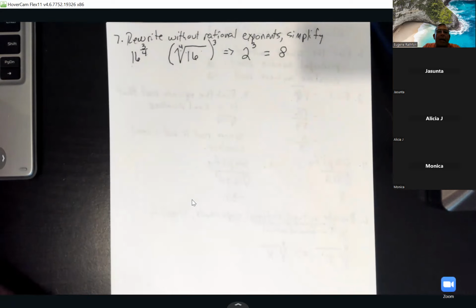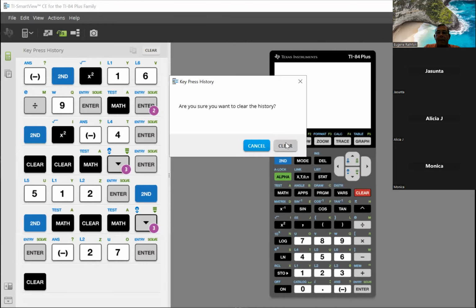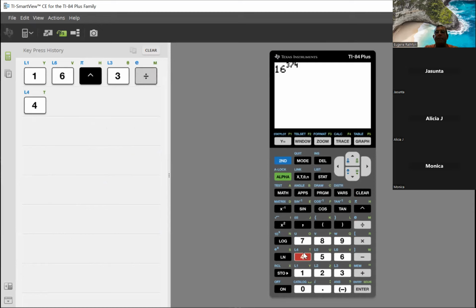But y'all watch this, and on the calculator, that's all numbers. So we could do that on the calculator also. So y'all let me clear everything off here. So I had 16 to the 3/4. So I'd punch my 16, then hit my caret for the exponent, and then put in 3 divided by 4.